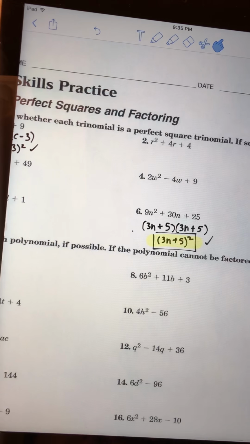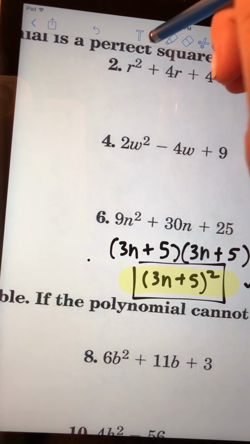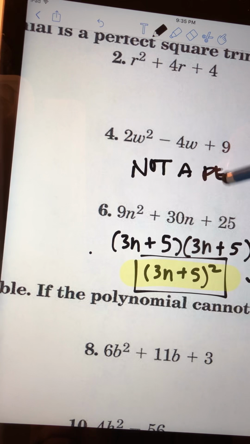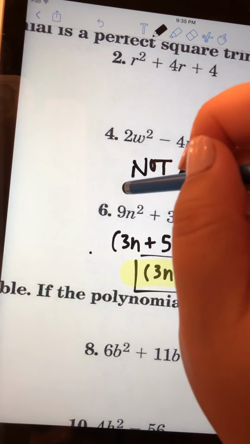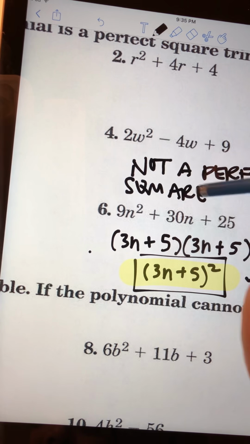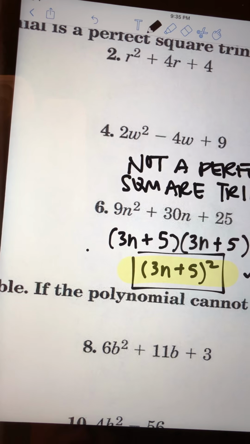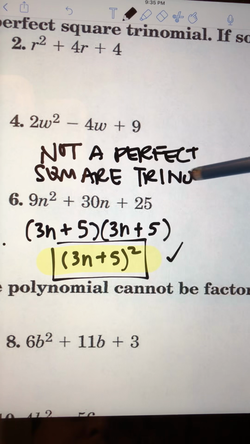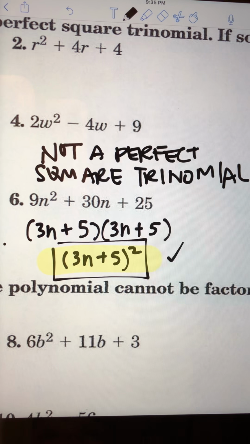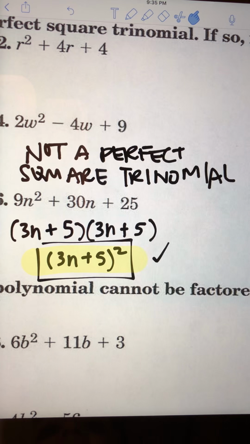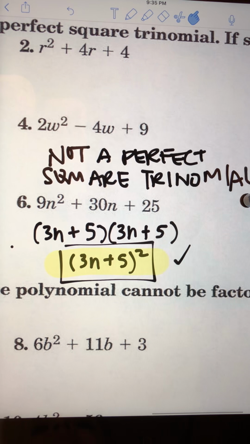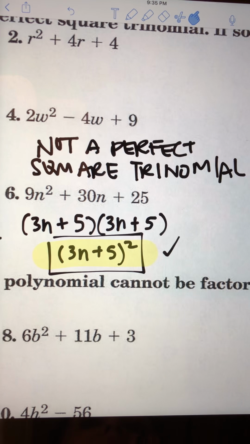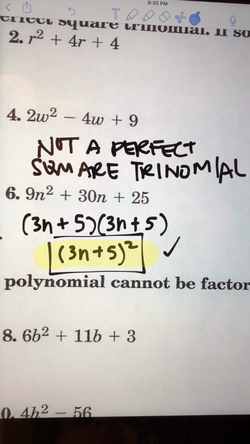So for this one, we're just going to say not a perfect square trinomial. So number 4 is a really good example of something where you can't take the square root of the first number, you can take the square root of the second number, but you have to be able to take the square root of both.